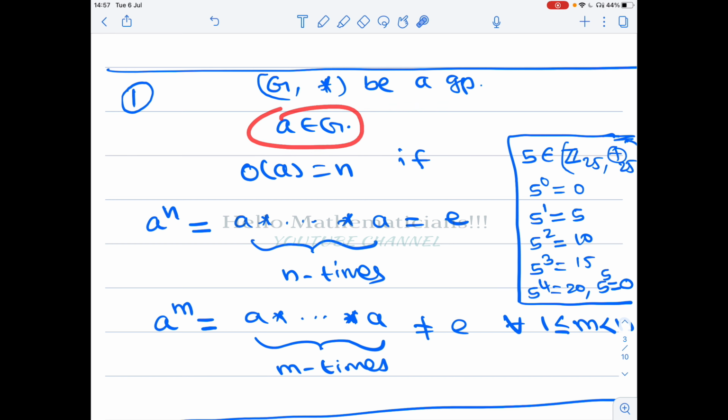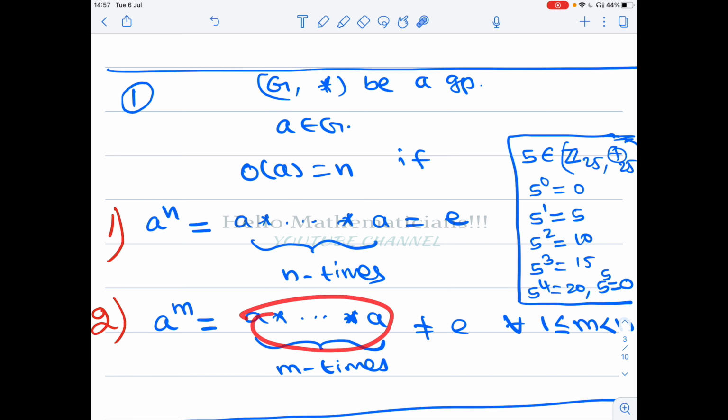We take an element A belongs to G. We say that order of A equals n if you multiply A with itself n times, you should get the identity element of the group G. This is the first condition, but there is one more condition that is very important. The second condition: if you multiply A with itself m times, you will not get identity for all m with 1 less than or equal to m strictly less than n.